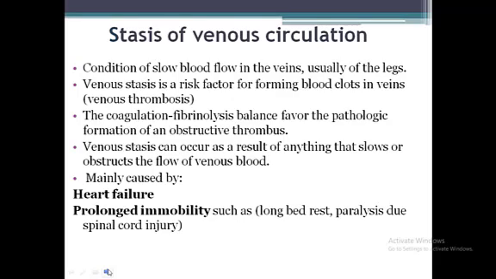Venous stasis can occur as a result of anything that slows or obstructs the blood flow, and it's mainly caused by immobilization or immobilized patients, especially those hospitalized, like patients with significant heart failure, long travel, long bed rest, and patients with paralysis due to spinal cord injury.